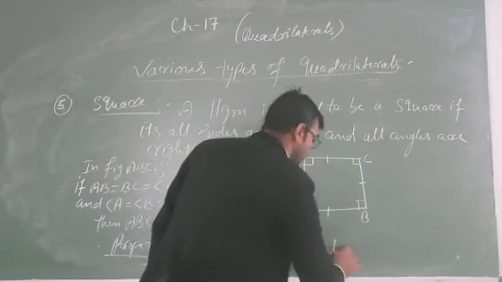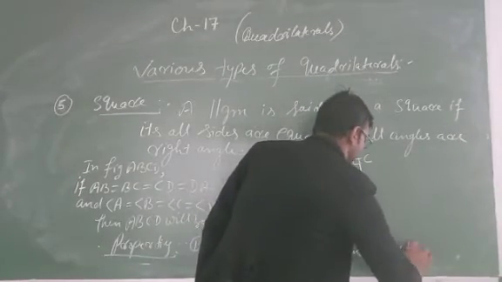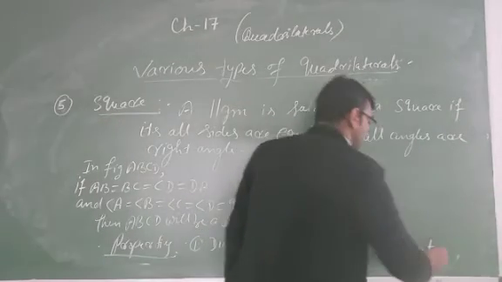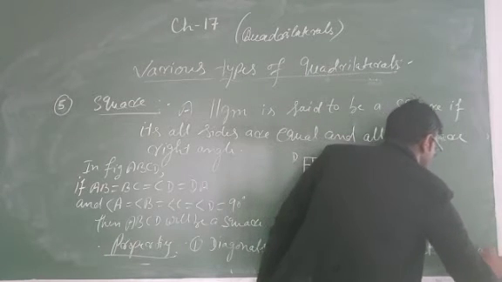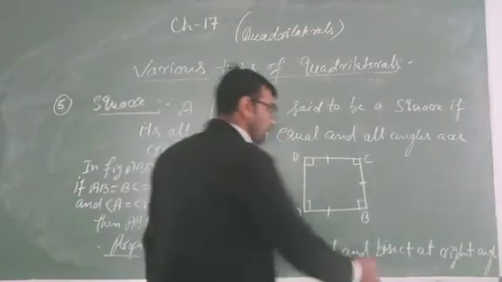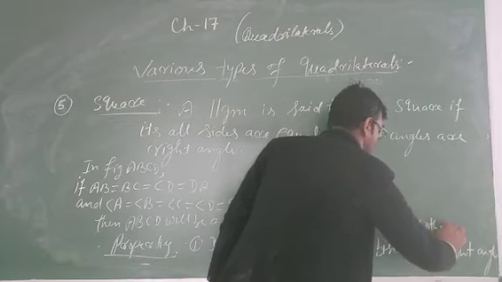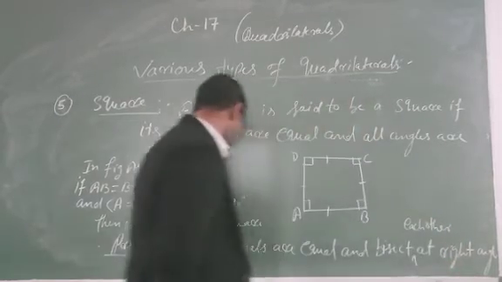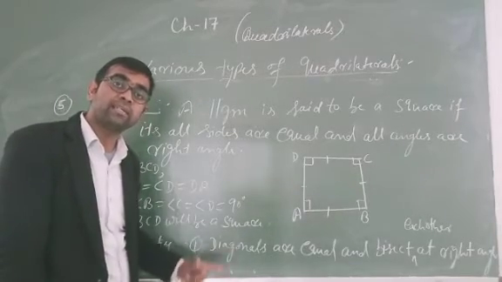Diagonals are equal and bisect each other at right angles. So what are the properties? Diagonals are equal and bisect each other.